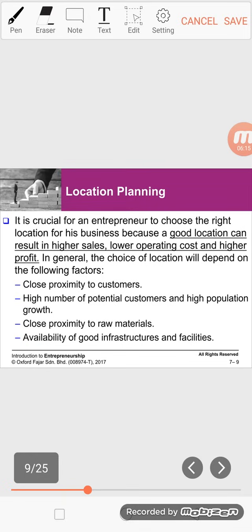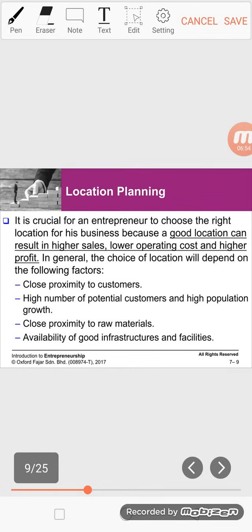Our profit margin will become very small. For example, we live in Johor but our supplier is in Pulau Pinang. So every time we want to get some raw materials, we have to travel to Pulau Pinang, or the supplier from Pulau Pinang has to mail or post the raw materials. So there are many issues and many factors. This is one of the important factors as well in good location planning.